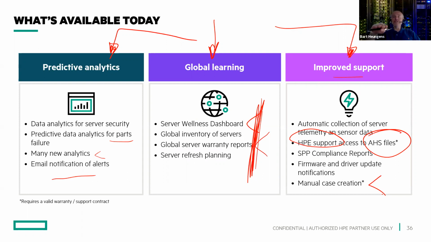And all the information is filled in, and the latest AHS file is sent to HPE support. You see that little asterisk? Yes, it's a matter of time. I don't know if it will be in 1 month or 2 months or the end of the year, but it's coming, automatic case creation, because you will see in a minute when we're going to talk about storage. Well, with storage, we have much more information already collected, and we have much more intelligence.